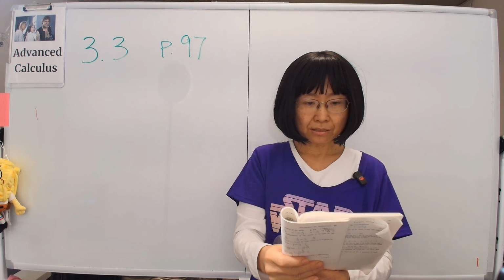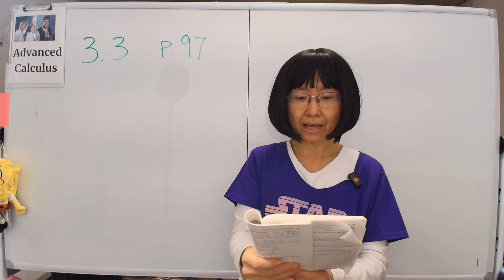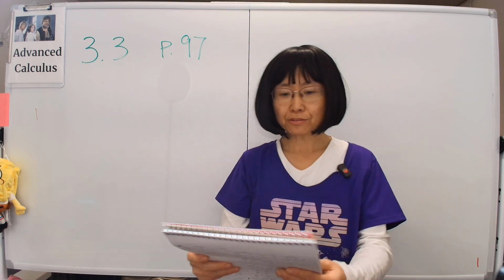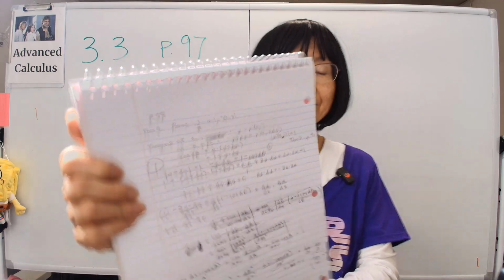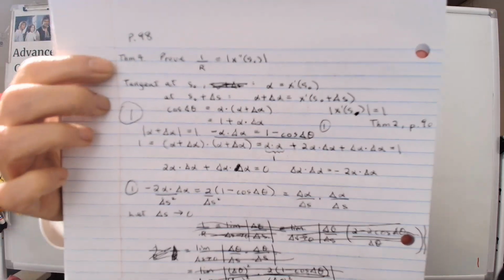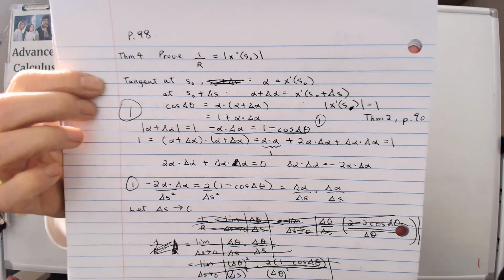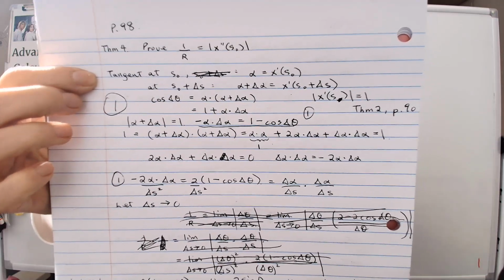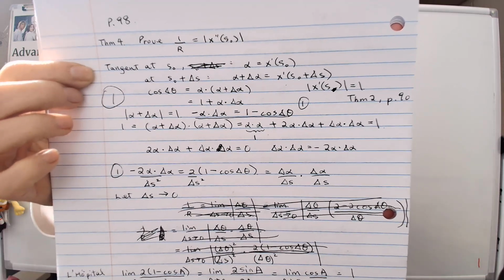All right, so let's look at the proof of theorem 4. Now, to prove theorem 4 from the definition that we were given, we will do basically the same thing we did in example A. First we write down the tangent at S0, which is alpha, right?